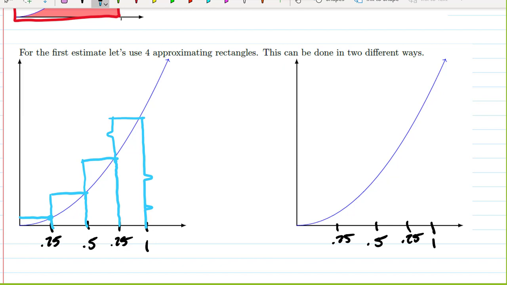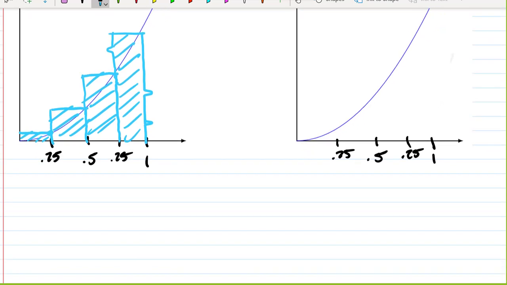So now if I look at these 4 rectangles that I've made, based on that picture, is that going to be an overestimate or an underestimate of the area? Well, it's going to be an overestimate because all of those rectangles are above the curve.